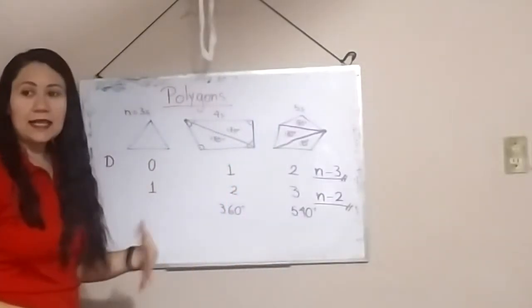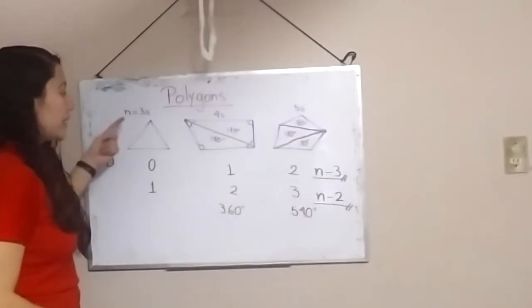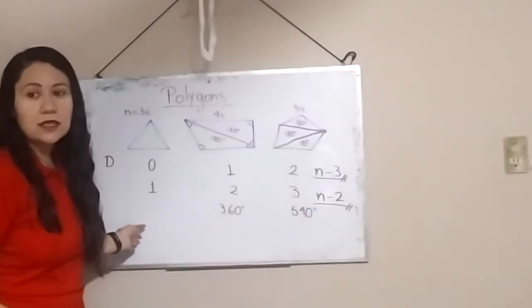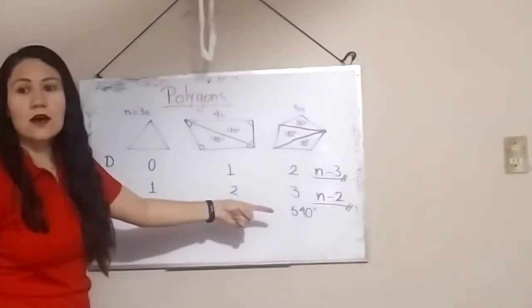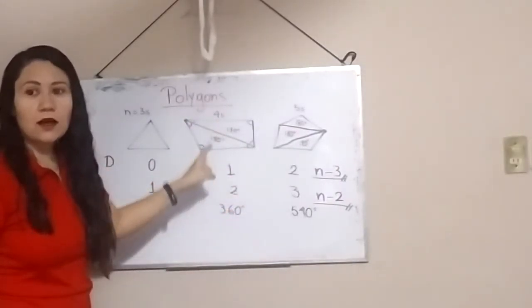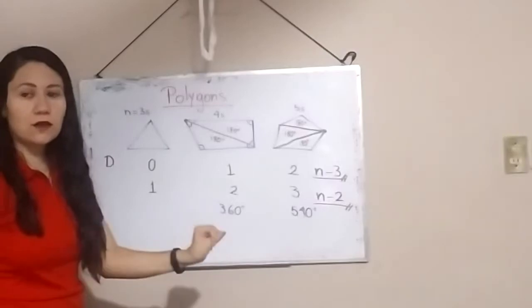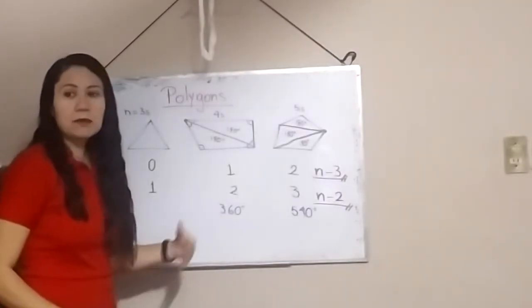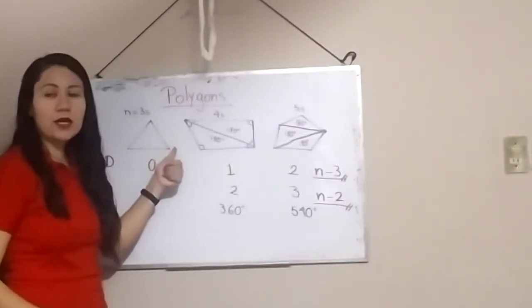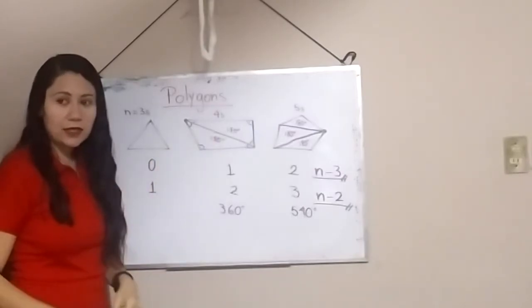Okay, and lastly, how do we get the sum of the internal angles of the figure? Well, we will multiply the number of triangles by 180.